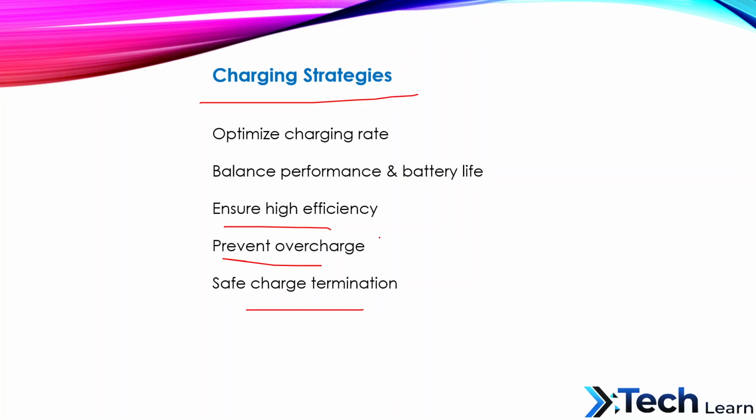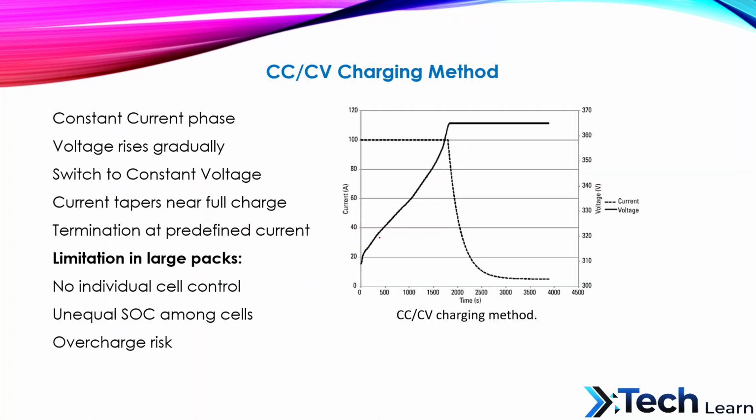Now, the most commonly used charging method is CCCV, the constant current and constant voltage method, the most widely known charging strategy. In the constant current phase, the battery is charged at a fixed current.